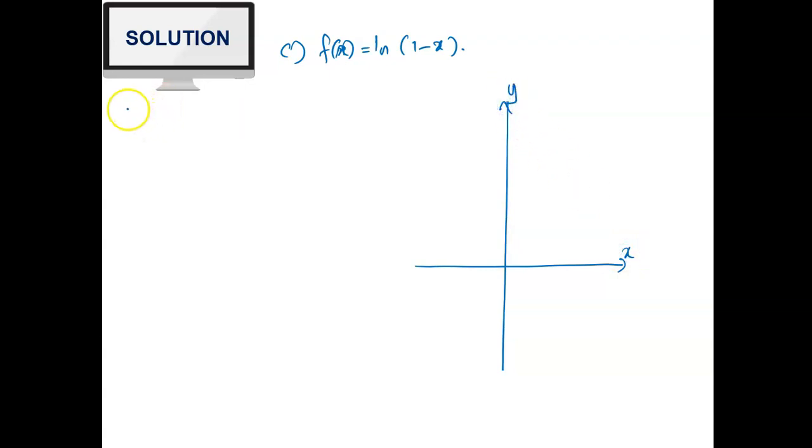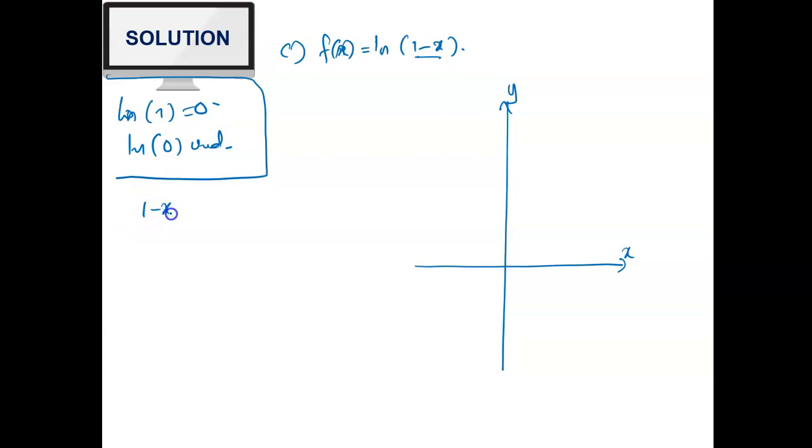Okay, so again, natural log of 1 equal to 0, and natural log of 0 the whole function is undefined, as our reference here now. Let's compare this. 1 minus x equal to 1. Negative x equal to 1... so 1 minus 1 equal to 0, then x equal to 0.